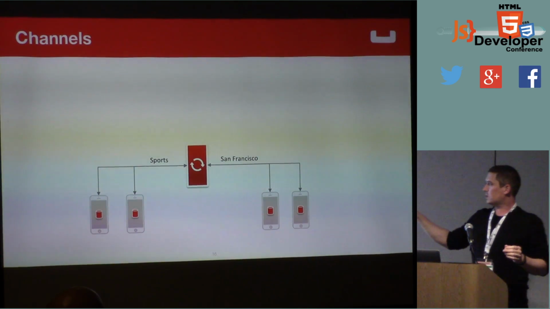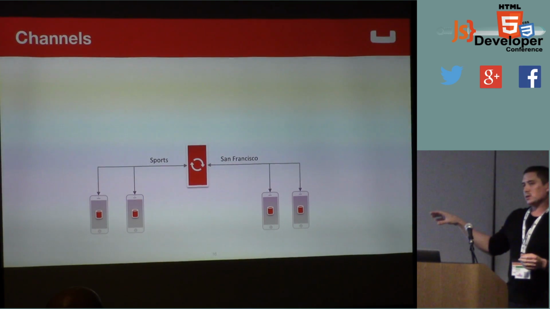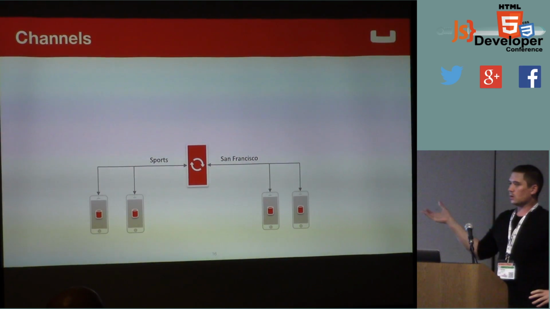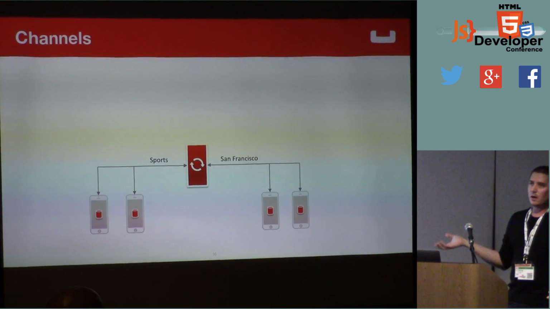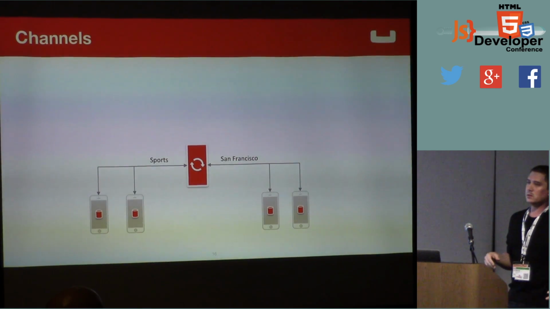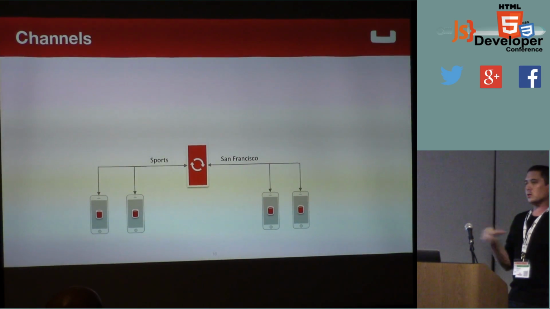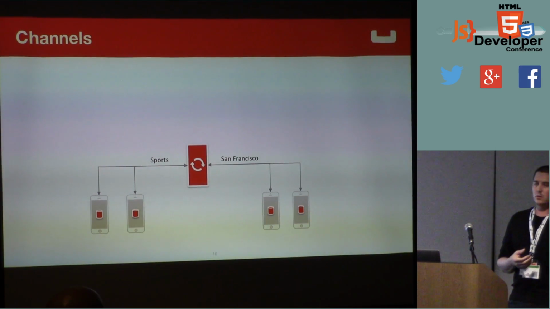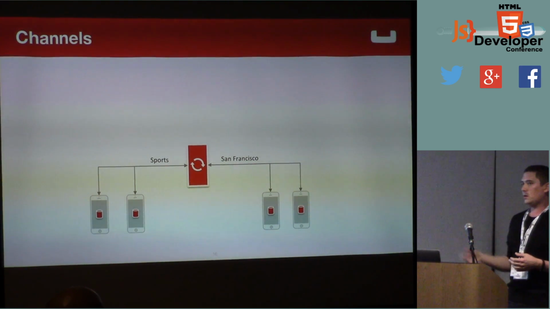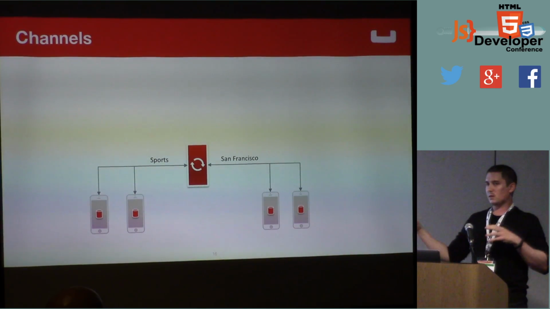So this one is another way that you could create a channel. This channel is based on location, and the way this one was built was that the devices themselves, during a significant location change, have posted their location to the server, and the server has then auto-subscribed them to this San Francisco channel just because they're in San Francisco. So if you live in San Francisco or you're visiting San Francisco, you'll then get all the data associated with San Francisco.